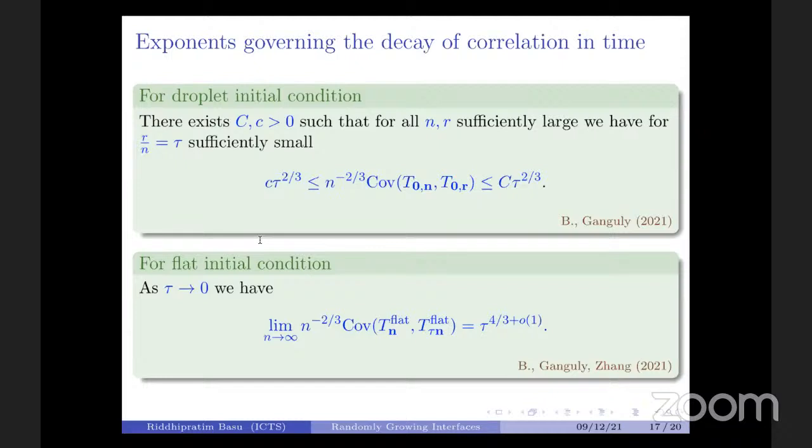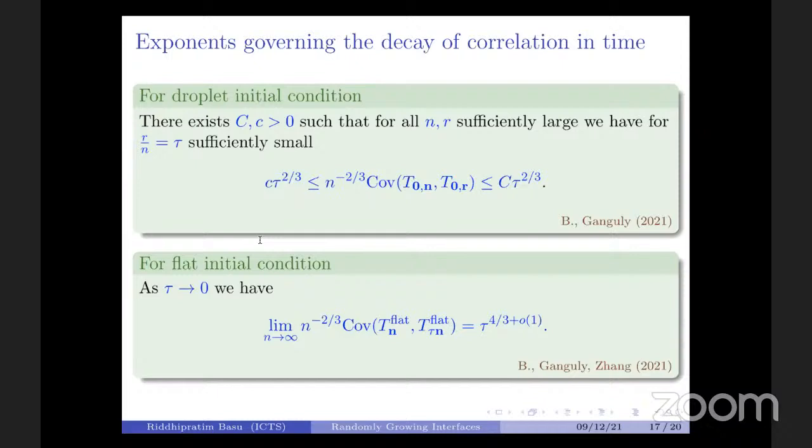The natural scaling of variance is of the order of n to the 2/3. So when n and r are comparable, the natural thing to look at would be the covariance scaled by n to the minus 2/3. What we could show is that when r over n is tau, so r and n are comparable and the ratio is tau.